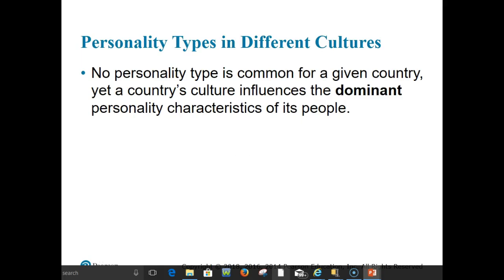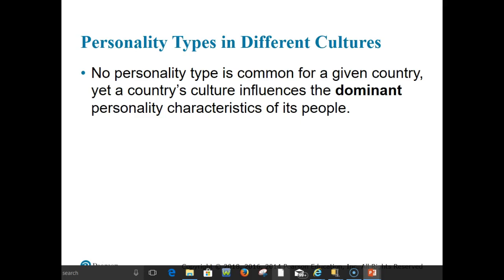Now, national cultures differ in terms of the degree to which people believe they control their environment. For instance, North Americans believe they can dominate their environment. Other societies, such as Middle Eastern countries, believe life is essentially predetermined. Notice how closely this distinction parallels the concept of internal and external locus of control.